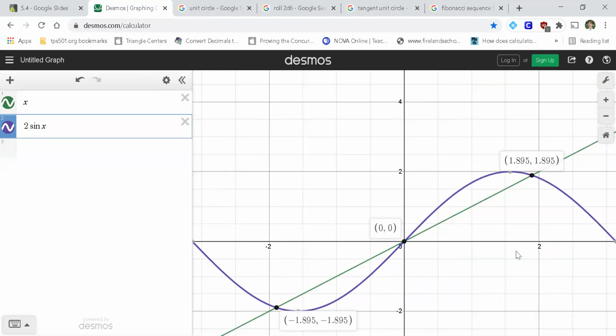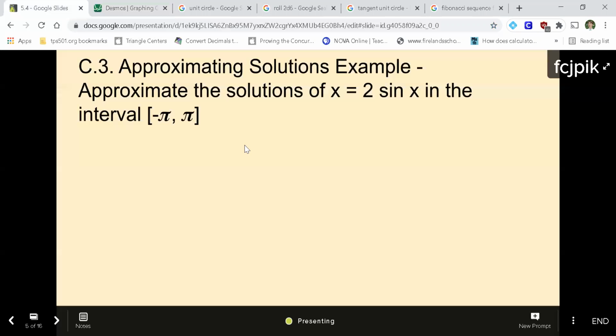Yay. So I think there's one homework question that says approximate the solution of a really complicated formula like this. That should be the quickest problem on the homework. Just graph it and then write the answers.